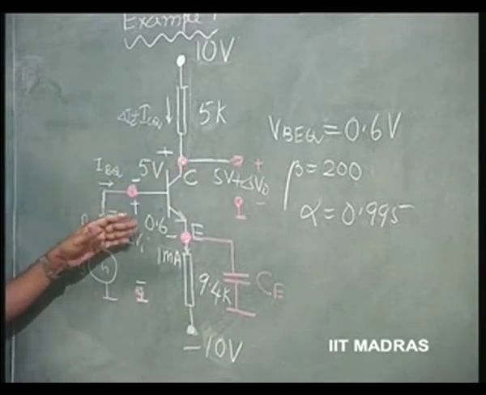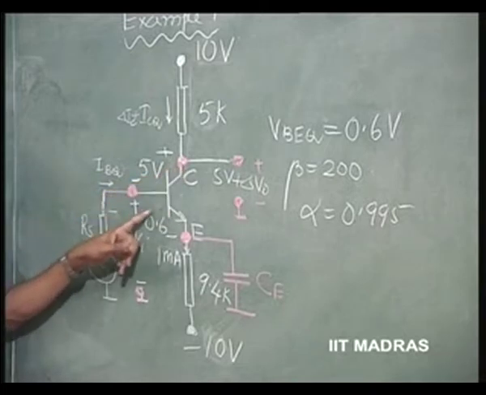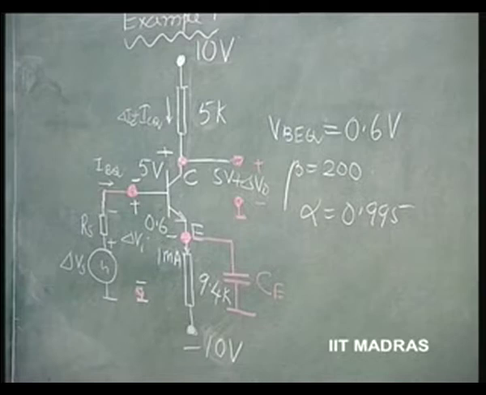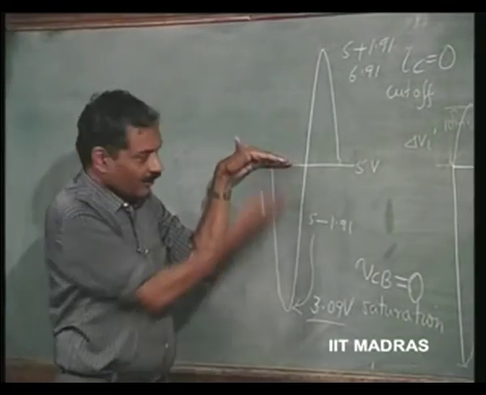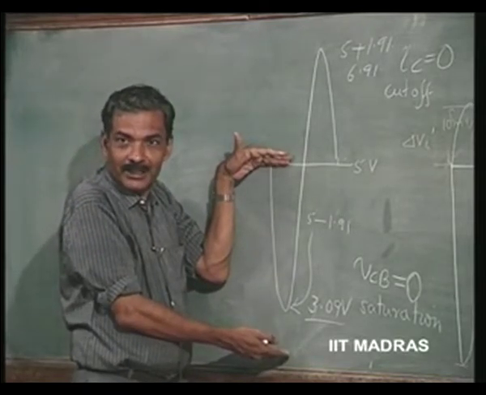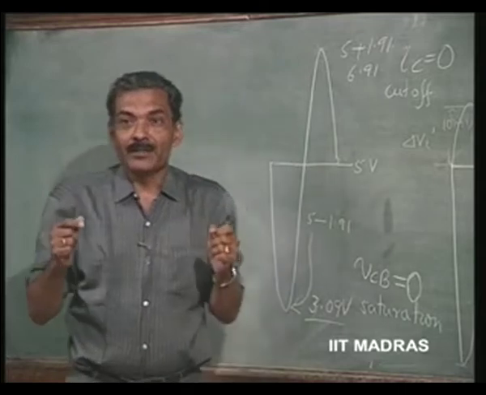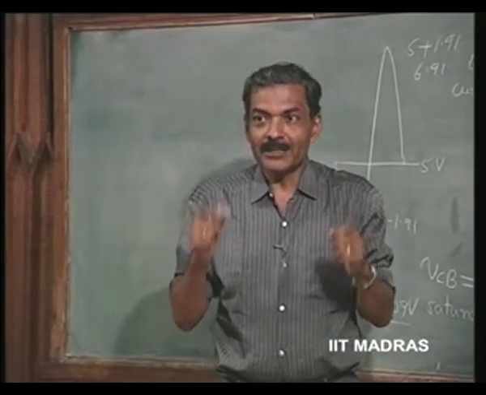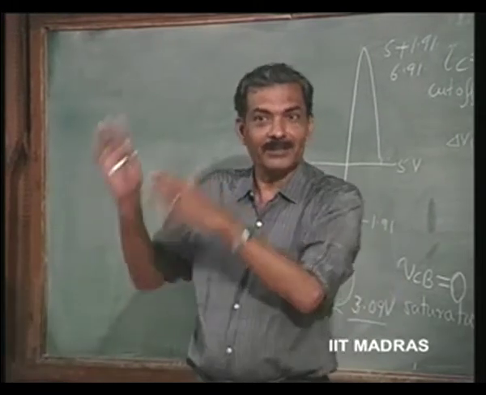It is very easy, because we have selected VCBQ as 5 volts, the maximum it can have is 5 volts. That means this swing here on this side can go as much as 5 volts. So, important thing, if you want a swing of 5 volts, select VCBQ of minimum equal to 5 volts.